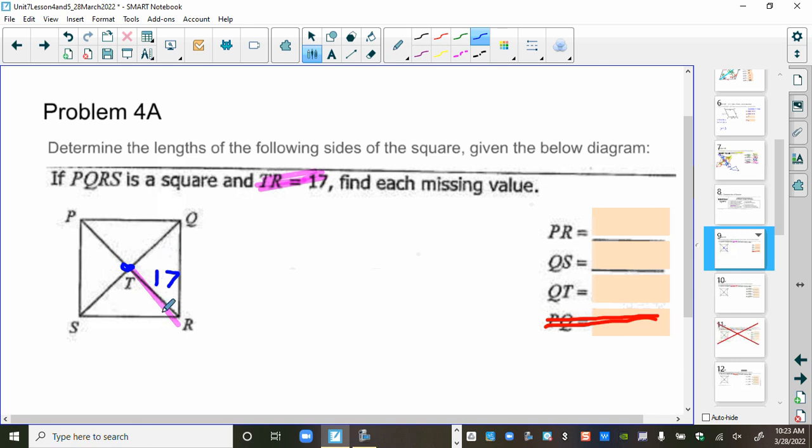So that means if you have 17 here, then you must also have 17, 17, 17. Now, I crossed out the last one, PQ, because this was an outside edge, but you could still get PQ. I'll tell you in a second.